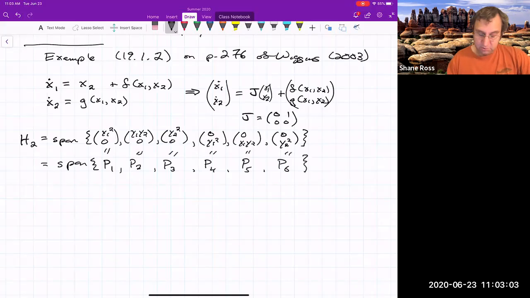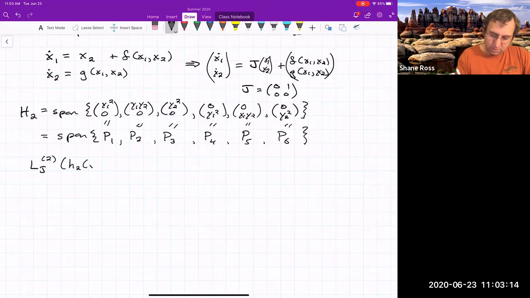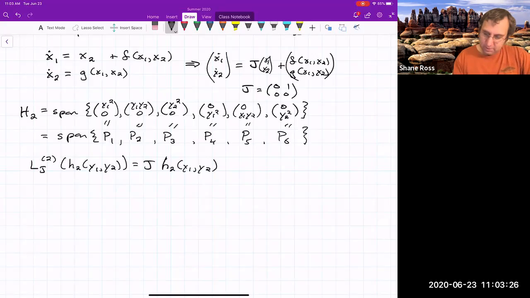You'll see why I want to use this shorthand notation, because what we're going to want to do is look at L_J2 times H2 of (y1, y2), which equals J H2(y1, y2) minus D H2(y1, y2) J (y1, y2).